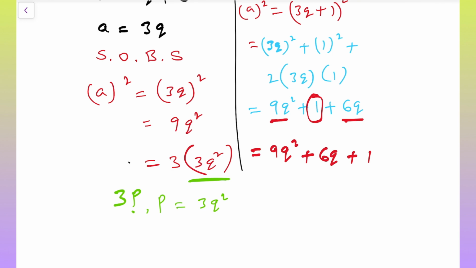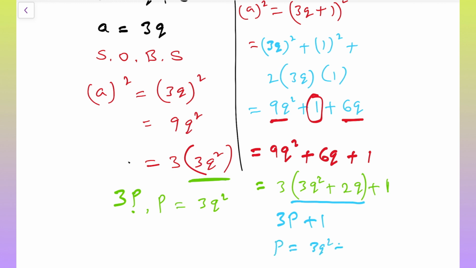Now from 9q square and 6q I am taking 3 common. So if we take out 3 common, 3 threes are 9 and 3 twos are 6, plus 1 as usual. As I said already, this bracket you compare with p, plus 1. So it is in the form of 3p plus 1, where p is equal to 3q square plus 2q.